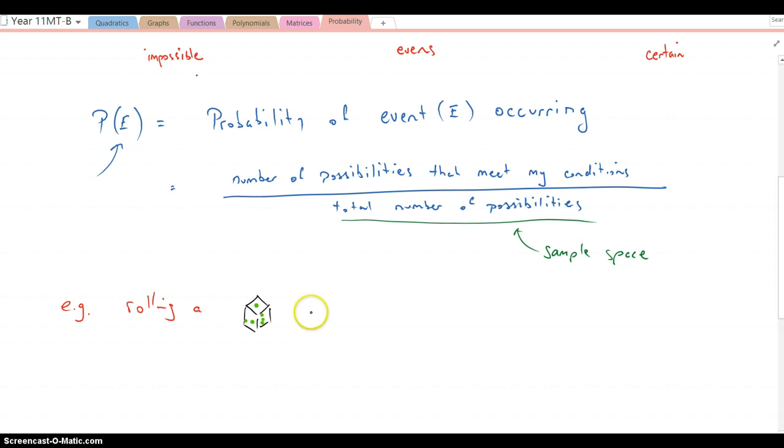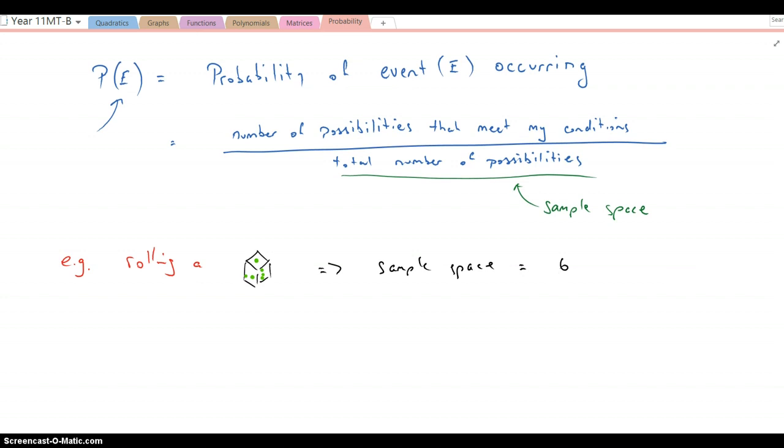So in this event, what are the total number of possibilities? Our sample space is equal to 6. There are 6 outcomes. So we've got 6 all equally likely outcomes. So the probability in this event of rolling a 3 will be equal to the number of possibilities that meet my conditions. There's only one 3 on the die, and there are 6 total possibilities. So that would be 1/6.